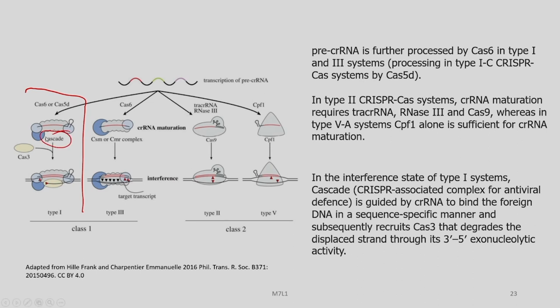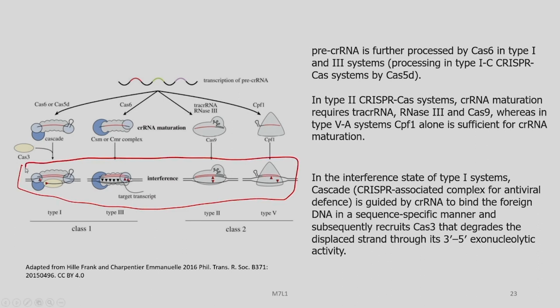Here Cas6 plays a role and it involves the Csm or Cmr complex, and in class 2 type 2 you have tracrRNA, RNase III and Cas9, and here you have Cpf1. Then the interference mechanism will also be different. We will be discussing some of these in detail in the next slides.